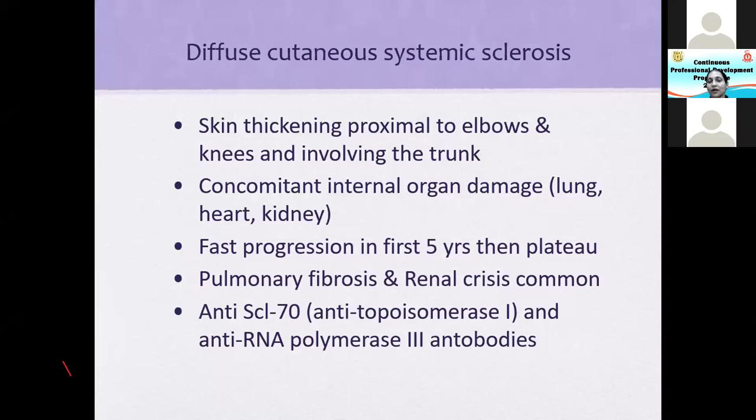Interstitial lung disease and systemic sclerosis renal crisis are common. The autoantibodies that are associated would be antitopoisomerase 1, which is also called anti-Scl-70 antibody, and anti-RNA polymerase 3 antibody. Especially the presence of anti-RNA polymerase 3 antibody will increase the risk of these patients developing systemic sclerosis renal crisis.